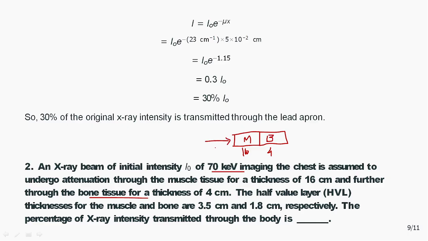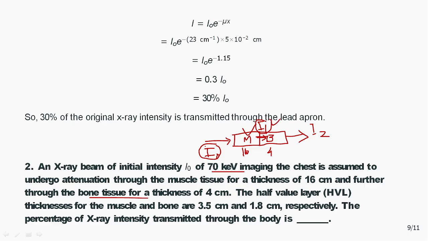From this side the intensity is I naught, it is passing through M, then we are getting I1. I1 is the initial value for passing through this bone, and finally we are getting the output as I2. So the initial value for this muscle is I naught and the final value is I1.